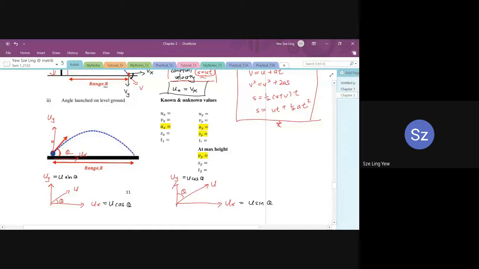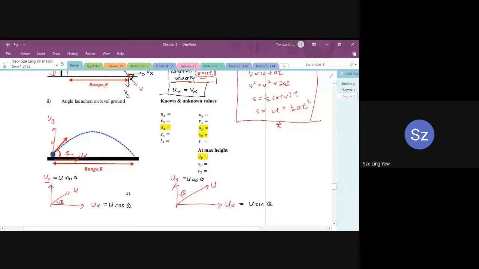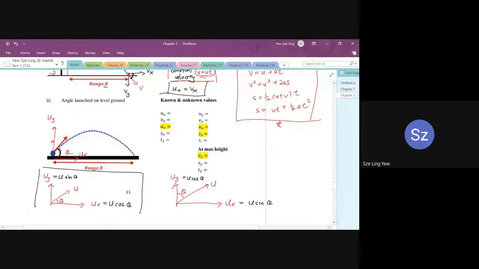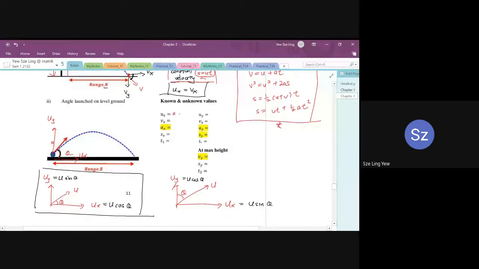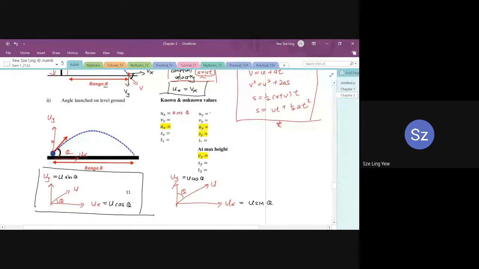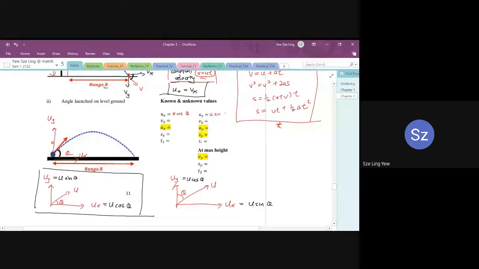So in this example, I'm going to assume my angle is beside the X component, so I'm going to use this case. When it comes to questions, you have to read carefully and see where the angle is. So my Ux is now U cos theta, and then Uy is U sine theta.